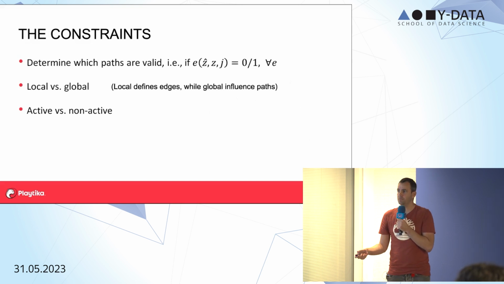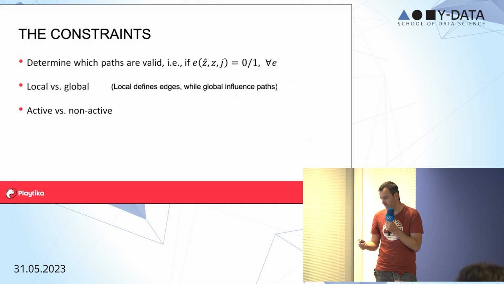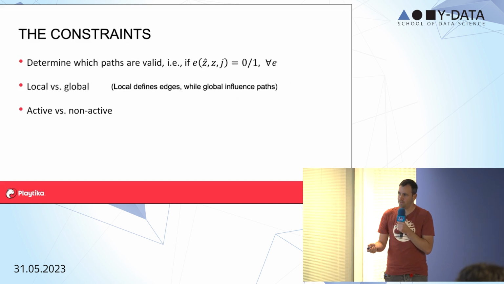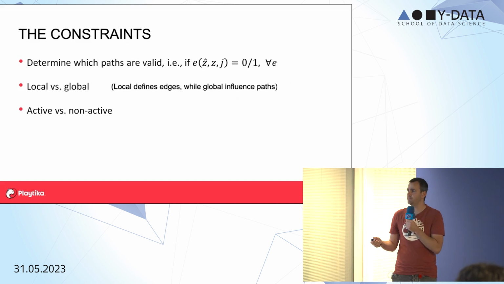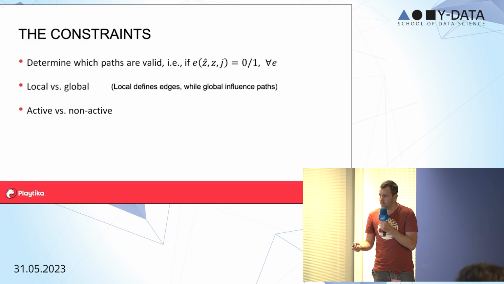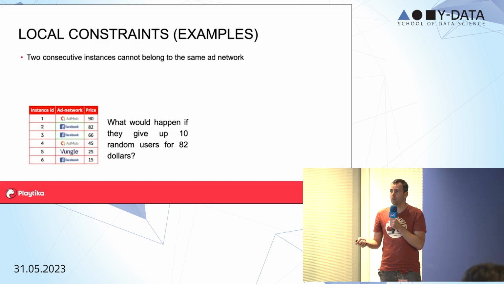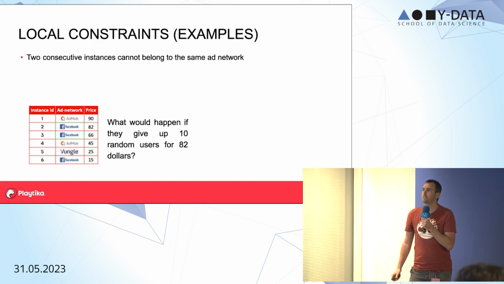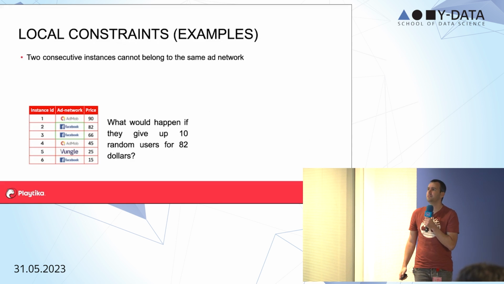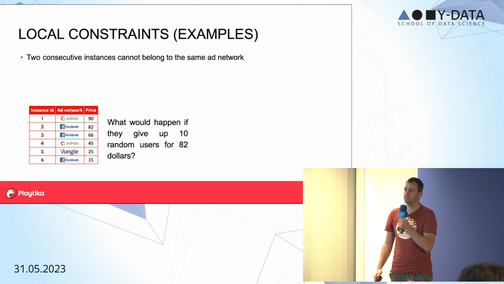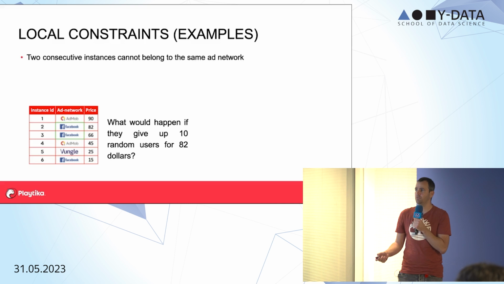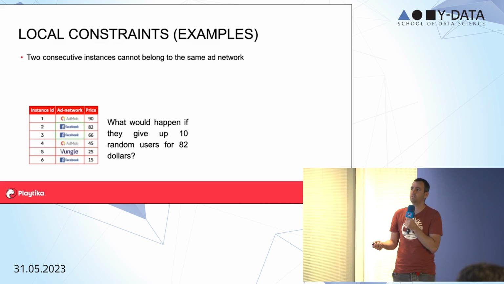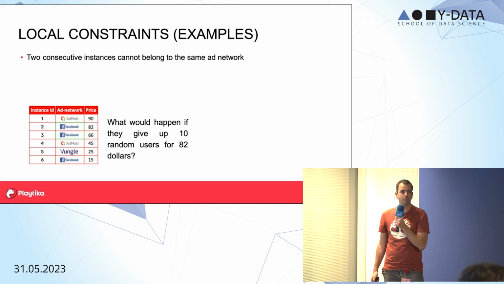We also distinguish between active and inactive constraints. The local constraints do not influence the D-separation property of the algorithm. We'll give two examples of local constraints.